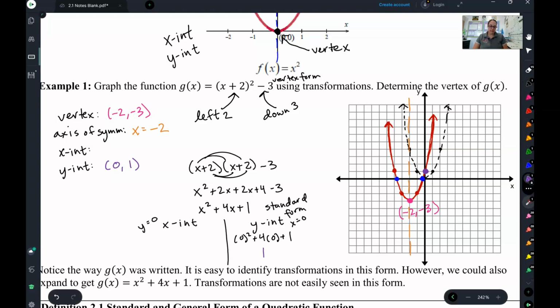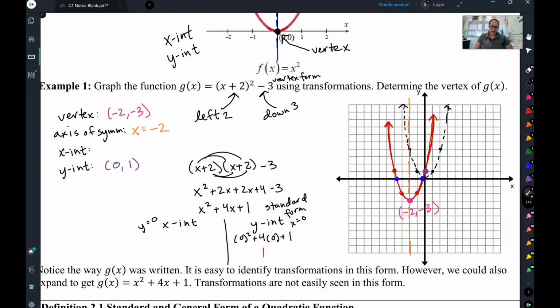It's 1. And that is exactly what we got up here. It was 1. So you'll see pretty quickly that if your equation's in standard form, your y-intercept will always just be this last number, because these will be zeros and they'll go away, and all you'll be left with is that one. So that's why standard form is really nice for y-intercepts. It's really quick to find that 1 and have your y-intercept.